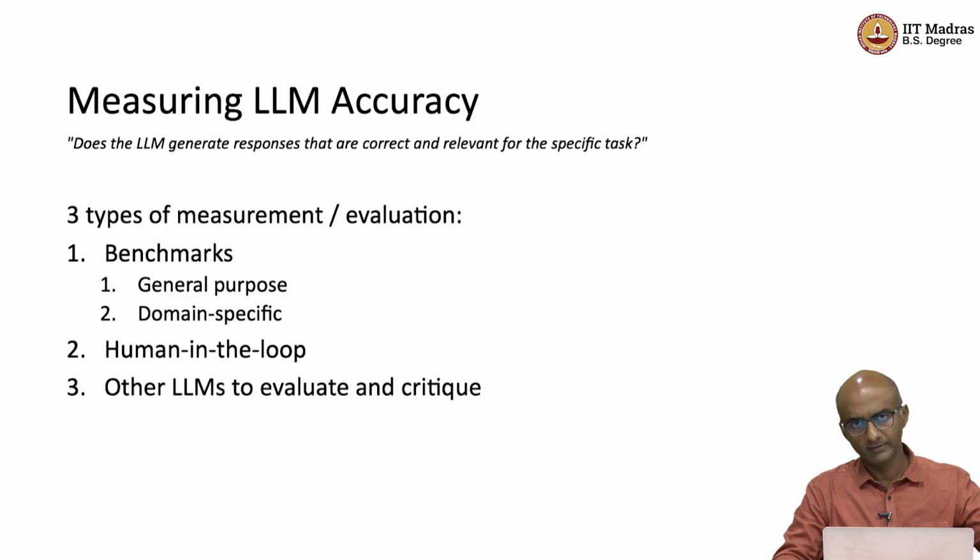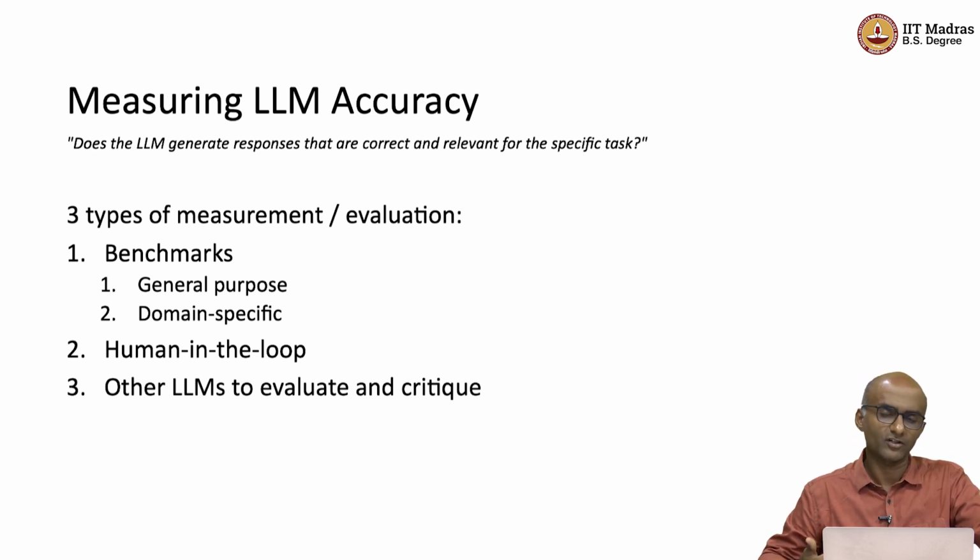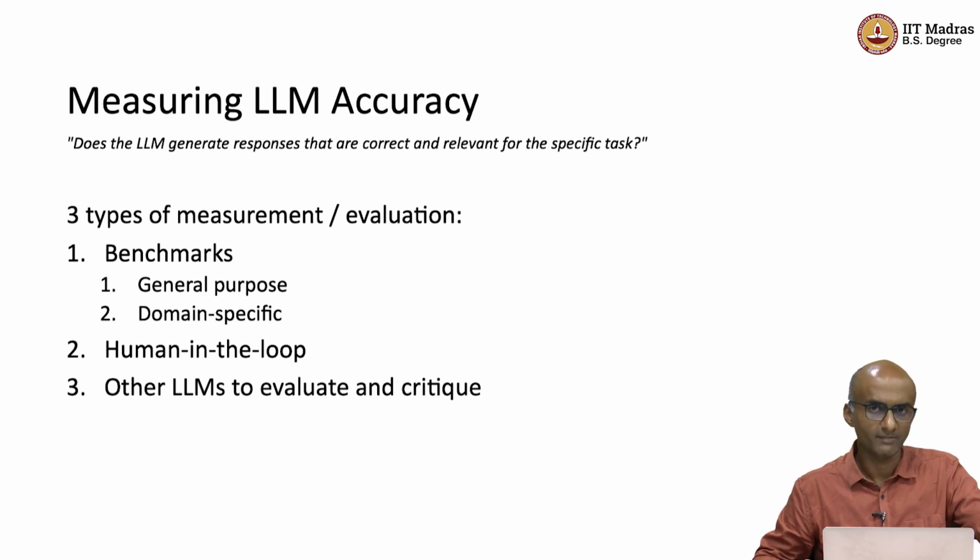So let's start with one of the most important attributes of what defines an LLM and its usefulness, which is actually accuracy. So does the LLM generate responses that are usable, that are correct, that are relevant for the specific task? That's how accuracy is measured, right?